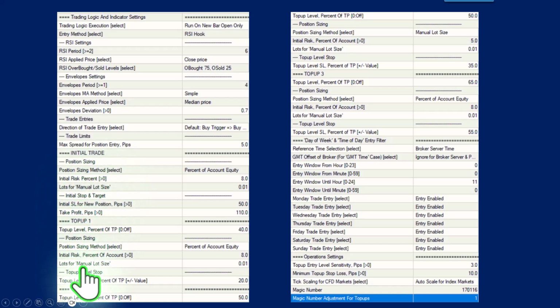Then there's top up number 1, top up number 2, top up number 3, and then what time of day you are trading. This particular one only trades from midnight to 11 o'clock, so basically the Asian market. This gives you an idea of the complexity behind this particular EA. It does require optimization skills for you to find the strategies that will suit your particular needs.